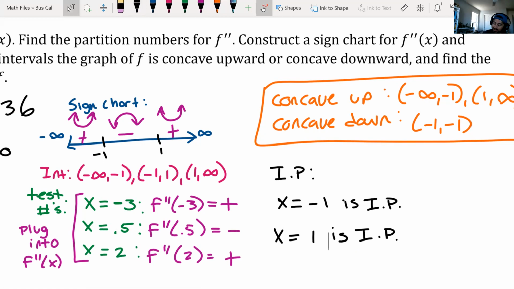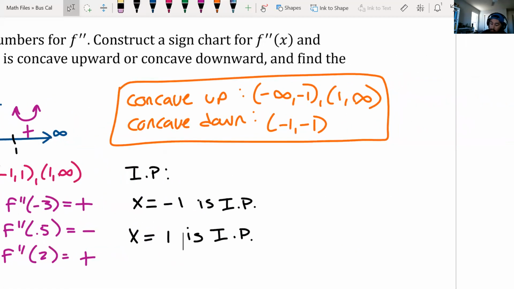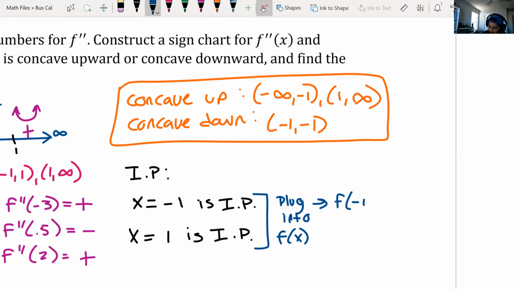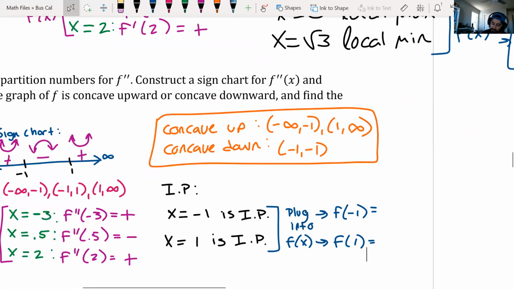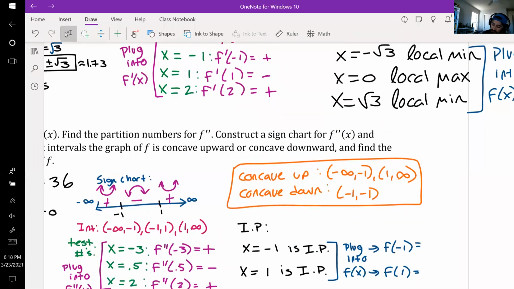And this means to find their exact location, we plug them into the original function: f of -1, f of 1. All right, and I think we still have the original function up.